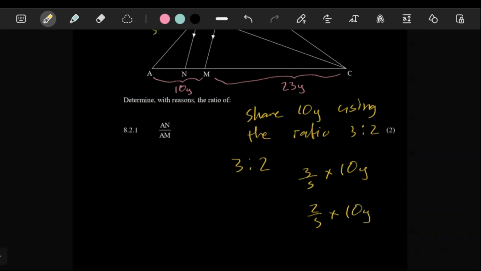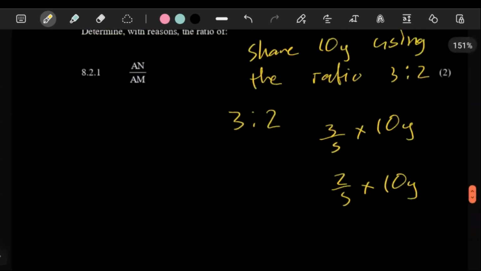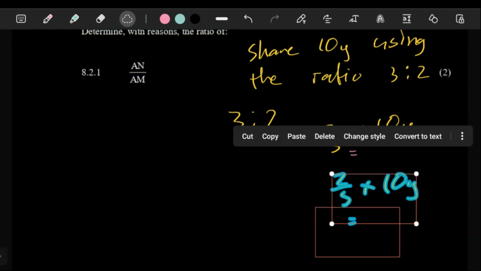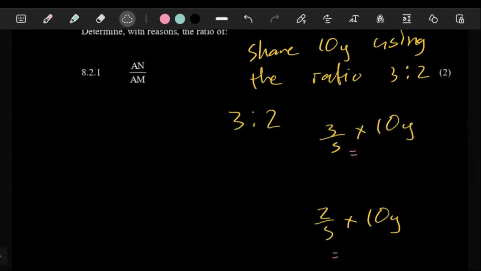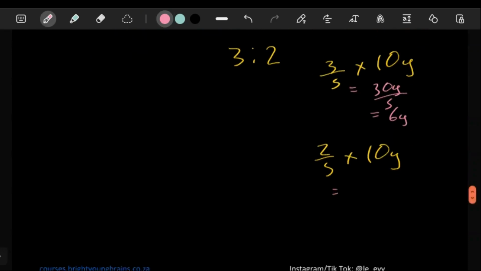You can actually just say 10, but this makes life a bit easier to work with. So 10 times 3 is 30, over 5 is going to give you 6. 10 times 2 is 20, over 5 is going to give you 4.